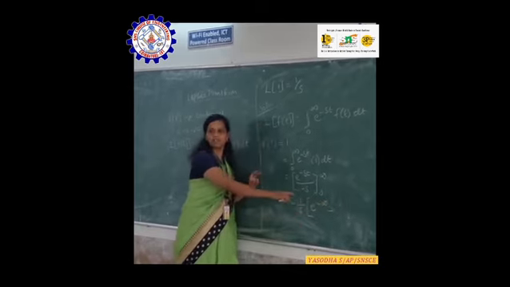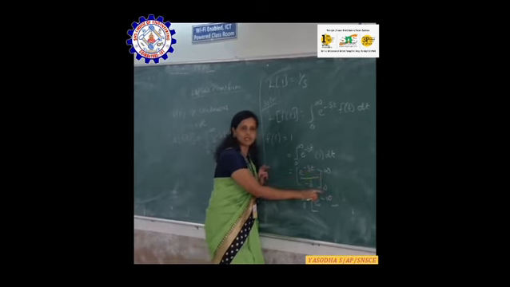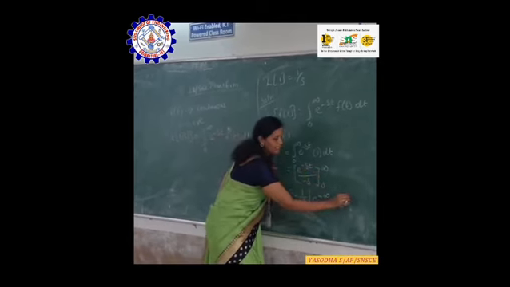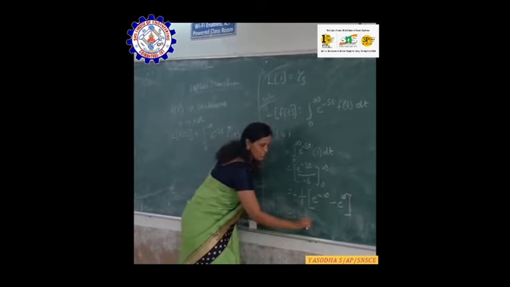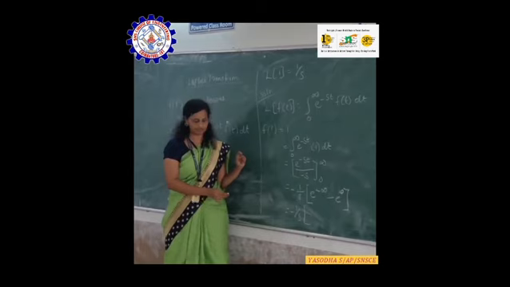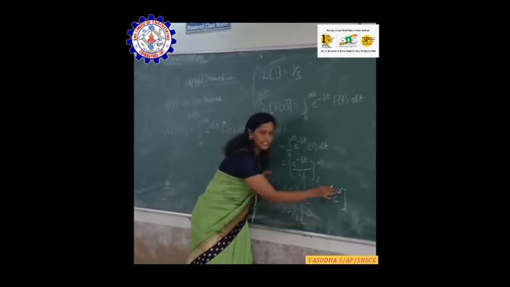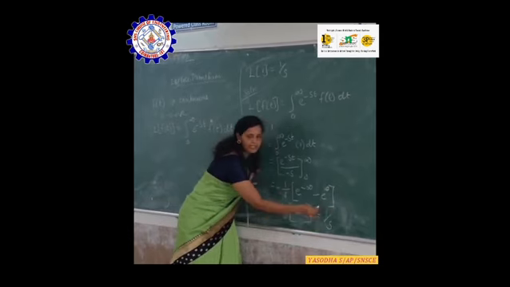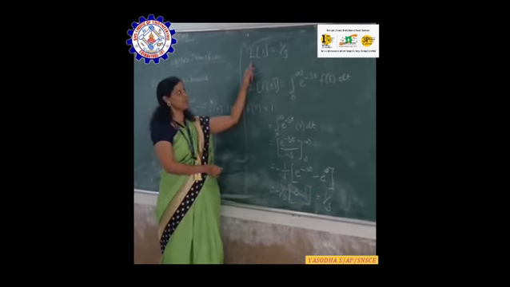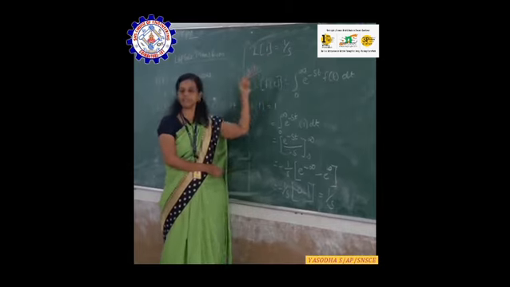What is our lower limit? 0. So instead of t you substitute 0, so e^0. Minus 1/s into, what is e^(-infinity)? 0, minus e^0, value 1. So finally we get 1/s. Hence true. So the Laplace of 1 is nothing but 1/s.